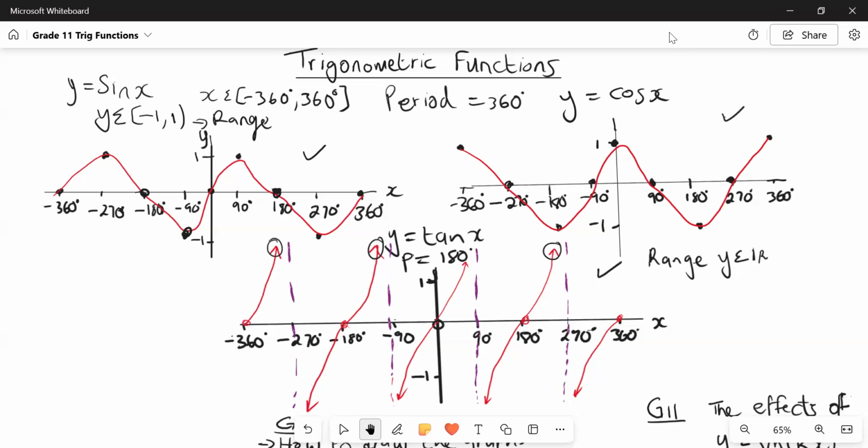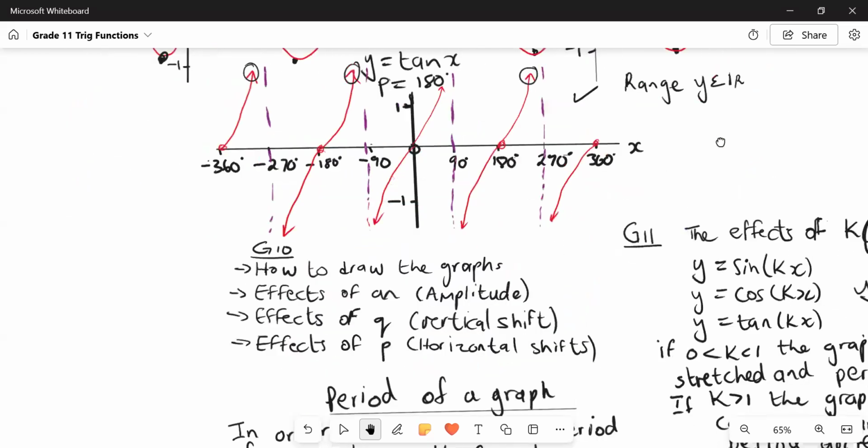Before we move to grade 11, you need to know how to draw the original graphs of these functions. And then when we get to grade 11, that's when we start interpreting, right? But for grade 10, I think I'll create another video where I'll be explaining the effects of the amplitude, the effects of Q, that's the vertical shift, and the effects of P, which is the horizontal shift.